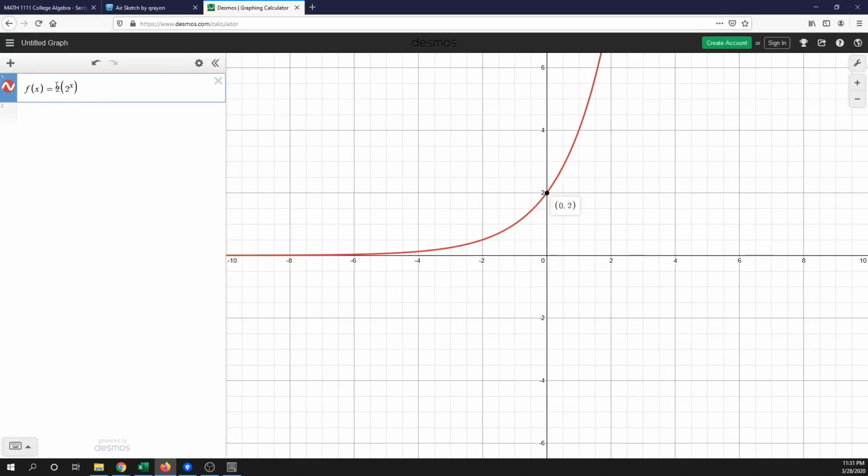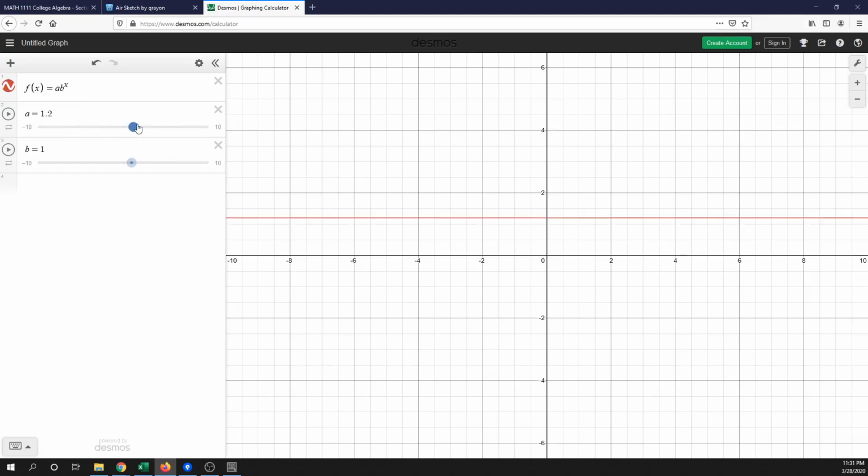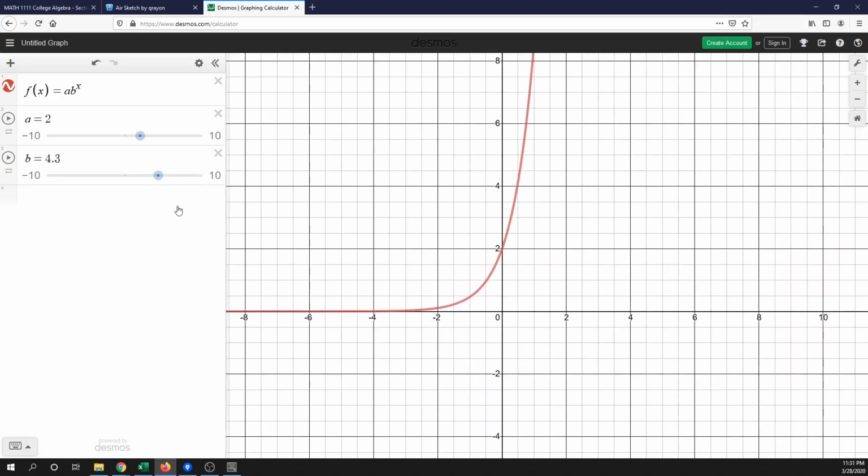And if I look at b, so if I have a times b to the x, a I'll put at 2, and b needs to be bigger than 1. And the bigger b is, the steeper that graph goes up, like that. So they all kind of look the same, like this.